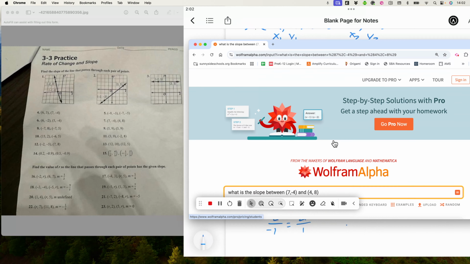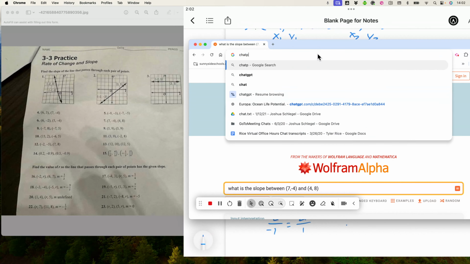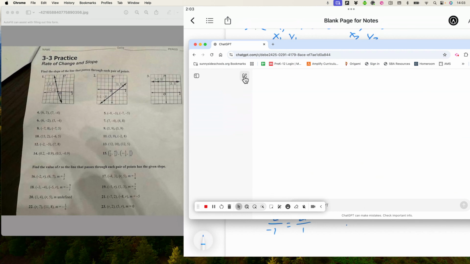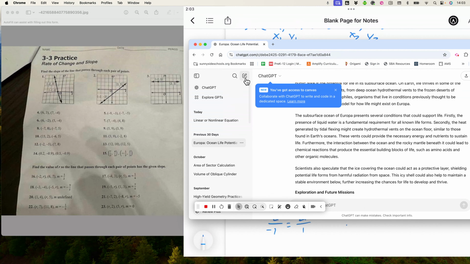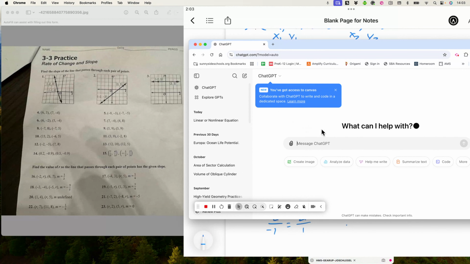But also, you could probably use ChatGPT. Let's make a new chat here. What is the slope between 7, negative 4, and 4, 8?